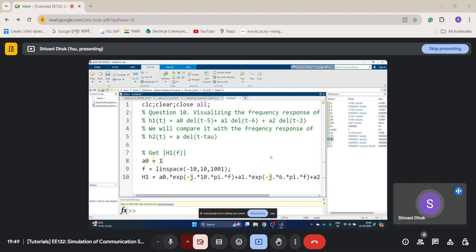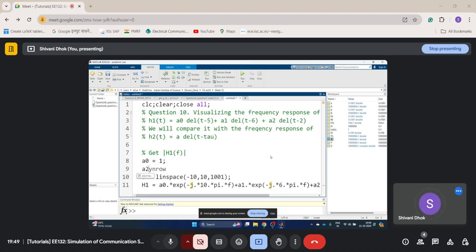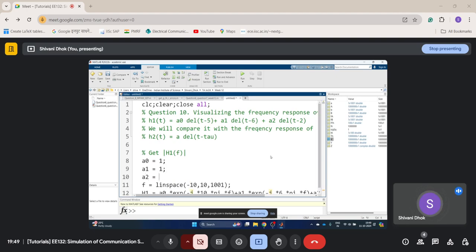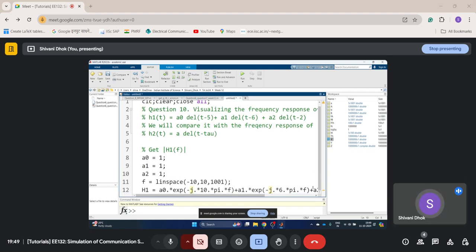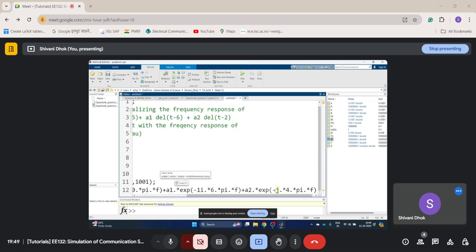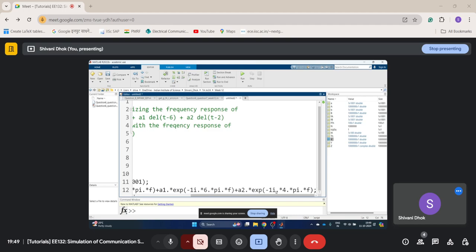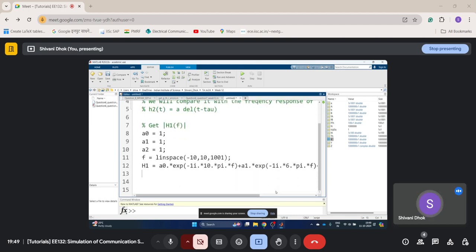So a0, let's say 1. Let us keep it all 1. a1 equal to 1 and a2 equal to 1. Okay. And similarly, so what we can do is we will plot f comma absolute value of h1.